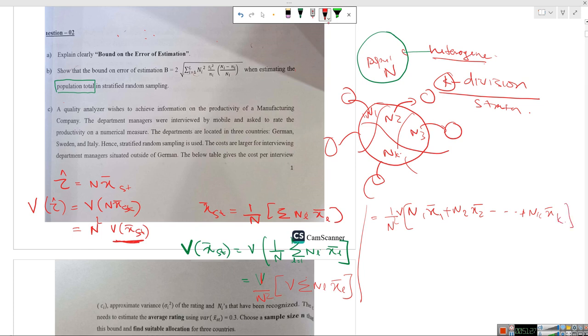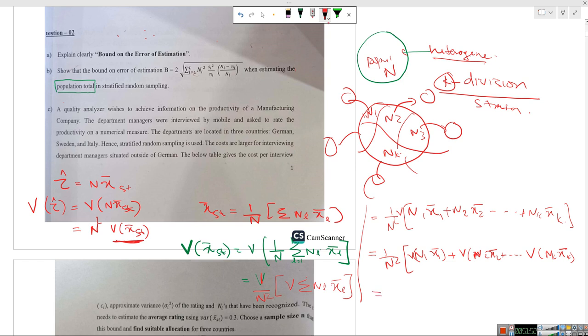Now if I take the variance of each term, this can be written as 1 over n squared, variance of n1 x1 bar plus variance of n2 x2 bar plus up to variance of nk xk bar, right?